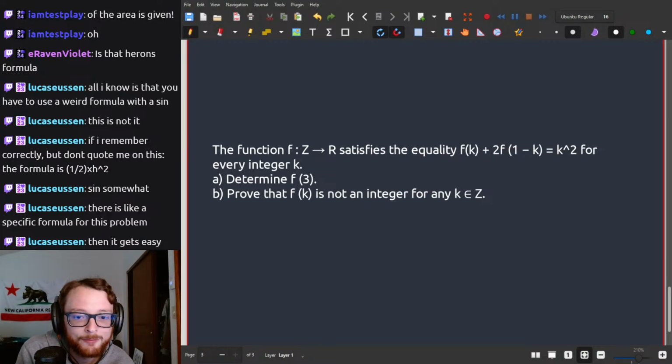Okay. So if we want f of 3, the obvious thing to try first is select k equal 3. 3, oops, plus 2f minus 2 equals 9. So we want to get rid of the negative 2.